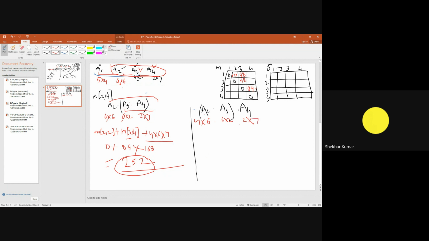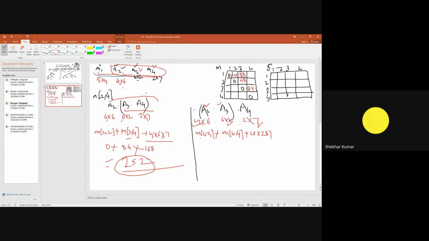If I multiply A2 and A3, the cost should be M[2,3] plus A4, that is M[4,4], and by multiplying these three matrices, the cost would be 4 into 2 into 7.